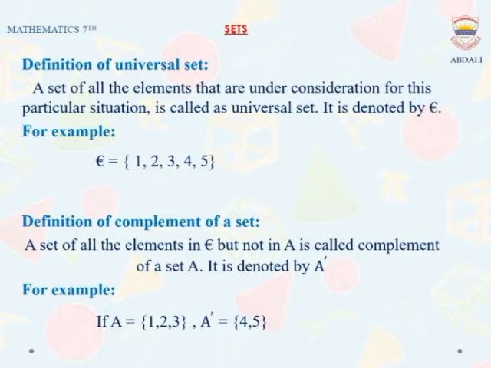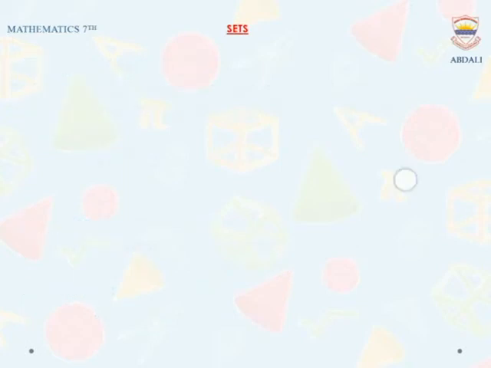Okay, now we can take the complement of any set. Now let's move to the questions. The question is: if the universal set equals 1, 2, 3, and so on up to 20, which means 1, 2, 3, 4, 5, 6, 7, 8, 9, 10, sequence-wise till 20.